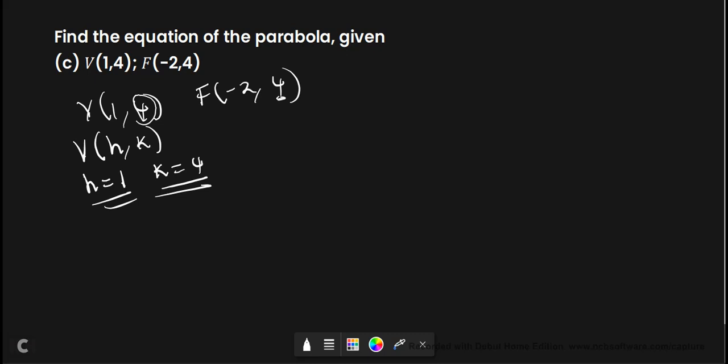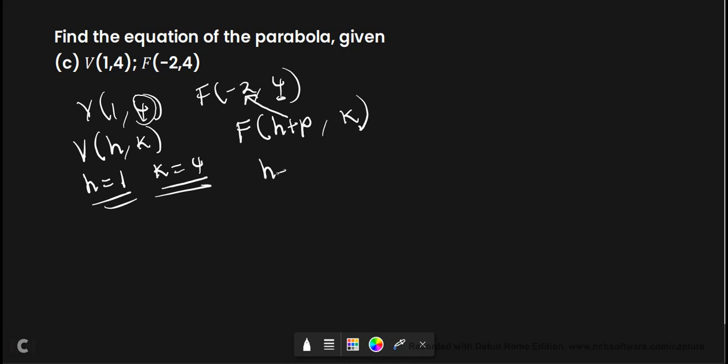Meaning that how do we find the focus if the vertex is not 0, 0? We find the focus like this, right? Which is in the x-axis where it's the one that is having the change. So it will be h plus p, then comma k, like that, right?